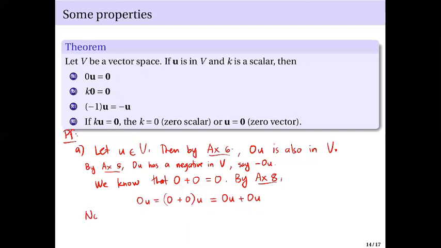Now, we said that there is a negative for the 0u. So what we're going to do is add the negative of 0u on both sides of the equation. So we will have 0u plus the negative of 0u equal to 0u plus 0u plus the negative of 0u.